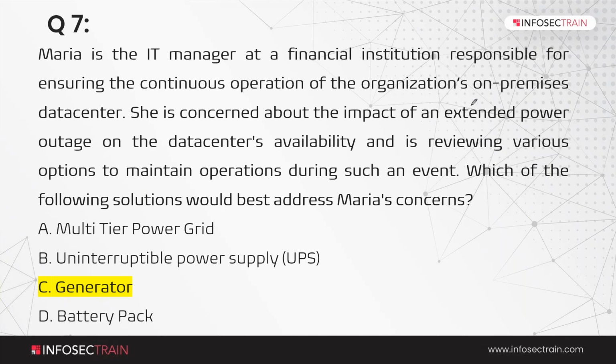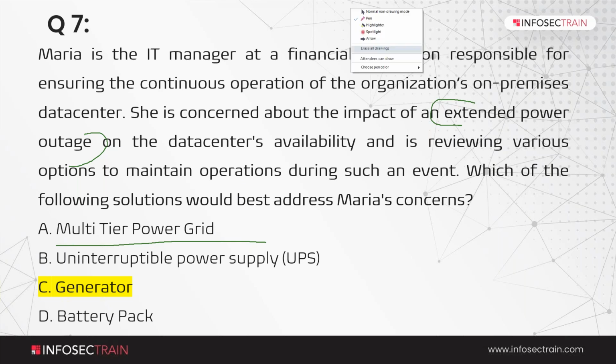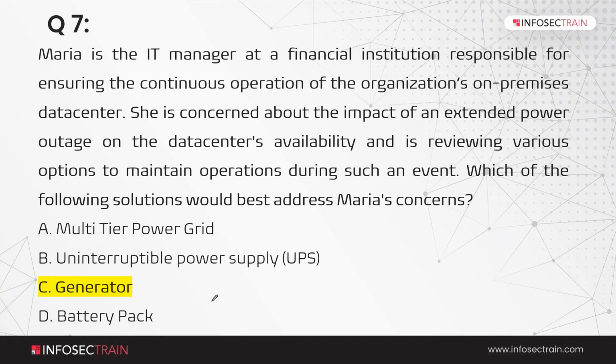And in an extended power outage, I don't have an idea about how long it will last. The power outage is there, so what is the use of a power grid? Only if power is there will the power grid work, right? It can be either B or C, but the answer is C because of the extended power outage. That's it.